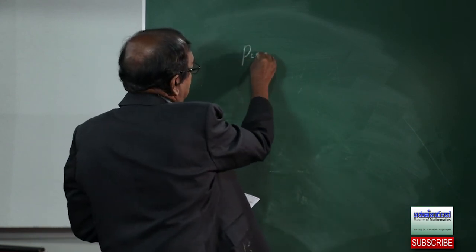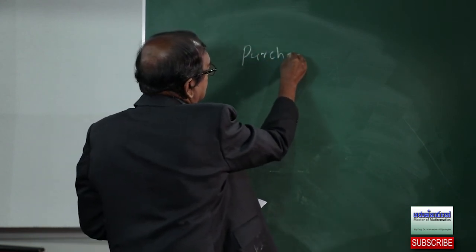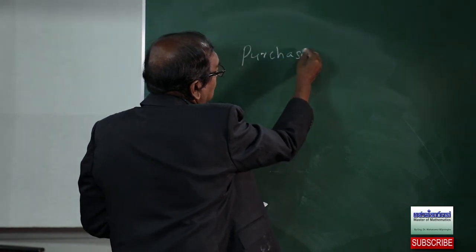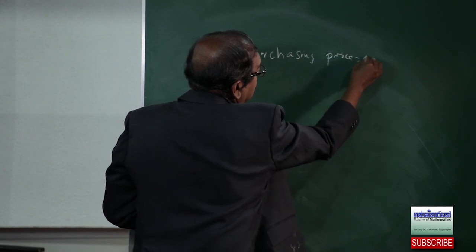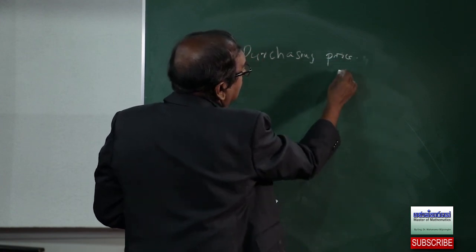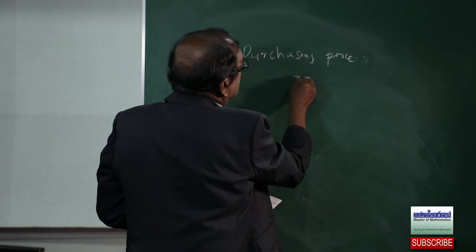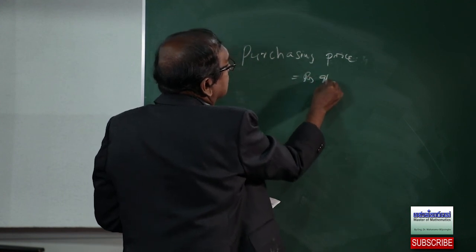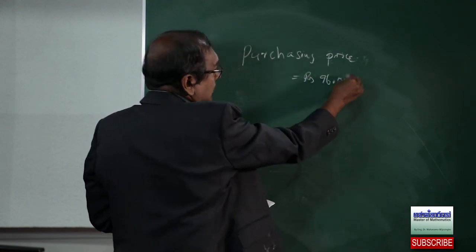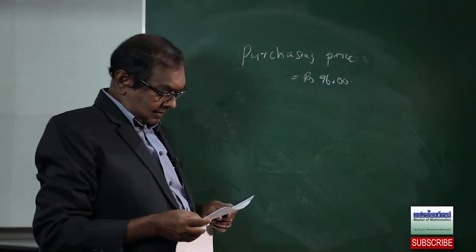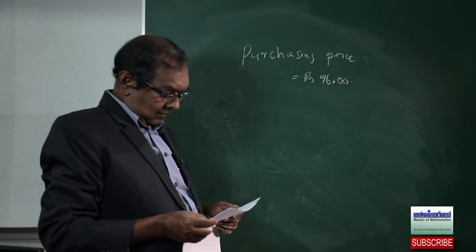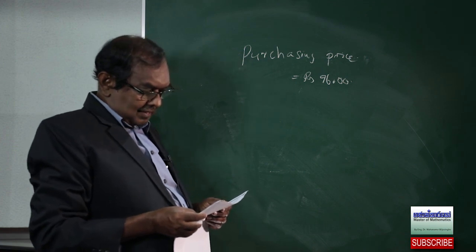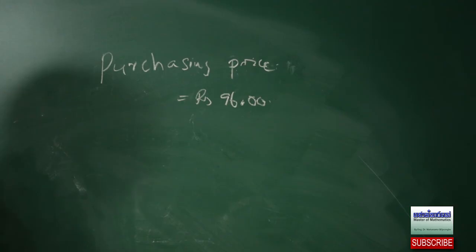The purchasing price, or buying price, is rupees 96, and it is mentioned that he sells at 9 rupees an orange.